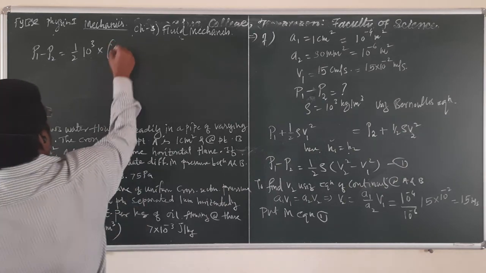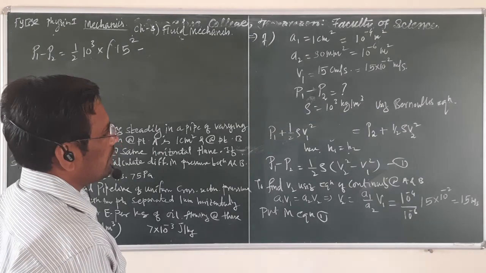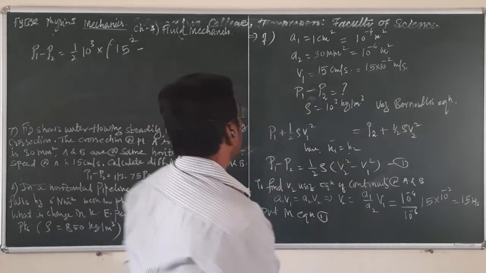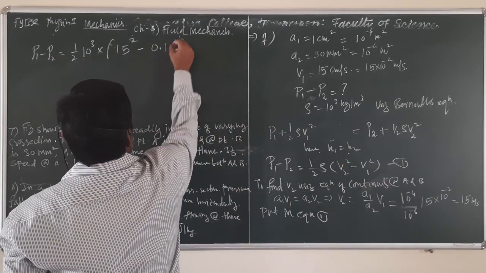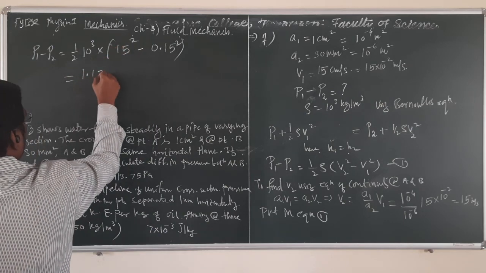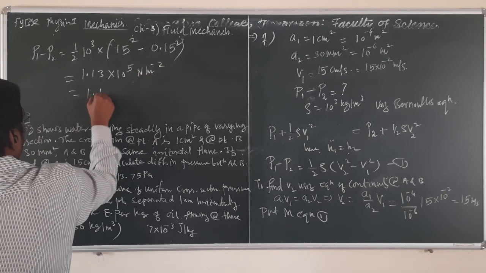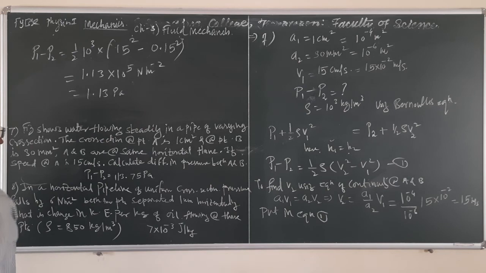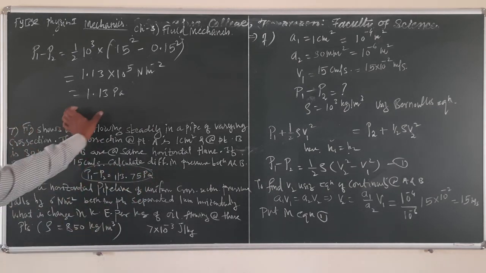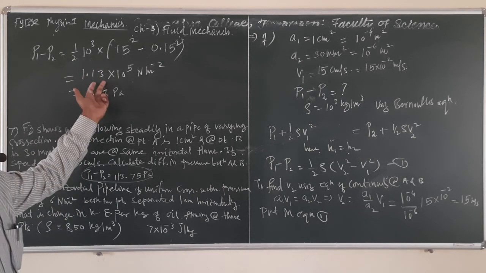V2 is 15 squared minus V1, which is 10 raised to minus 2, 0.15 squared. If you solve this you will get the answer 1.13 times 10 raised to 5 Newton per meter square, which is 1.13 Pascal. So here in your book the answer is also given wrong. This is the correct answer, 1.13 Pascal. So do this calculation, you will get this answer.